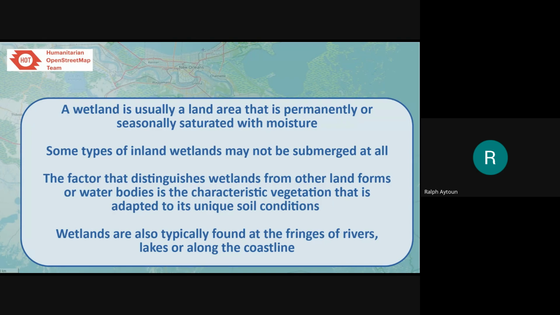So the way to distinguish a wetland is from its vegetation, the characteristic vegetation that is growing just in that specific area. This is something that you look for in the satellite imagery, is the change in color of the area around water that helps you to identify the wetland.